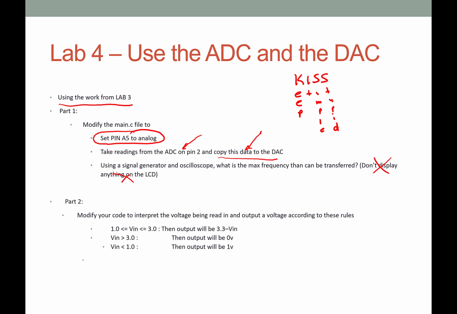Try to dumb it down as much as you possibly can, and then that gives you confidence that if it does that, you can move forward and make something a little bit complicated. So don't try to run this with a real high frequency at first, because maybe you've picked a frequency that would be too high. Pick a really low frequency and see how fast it can track it.